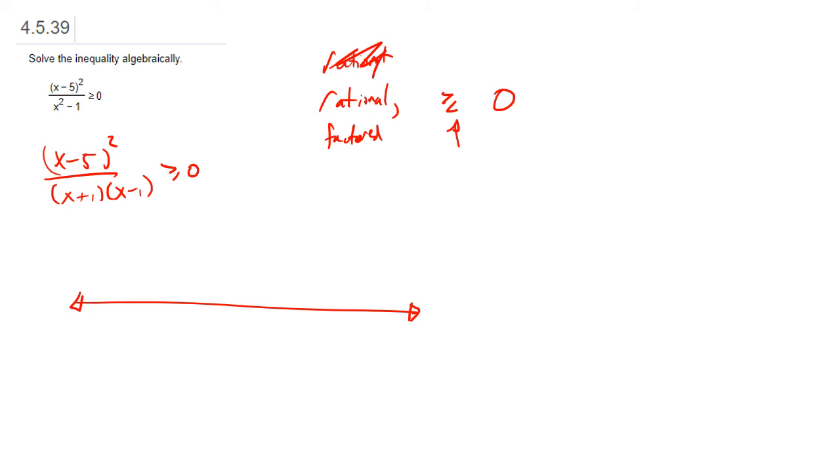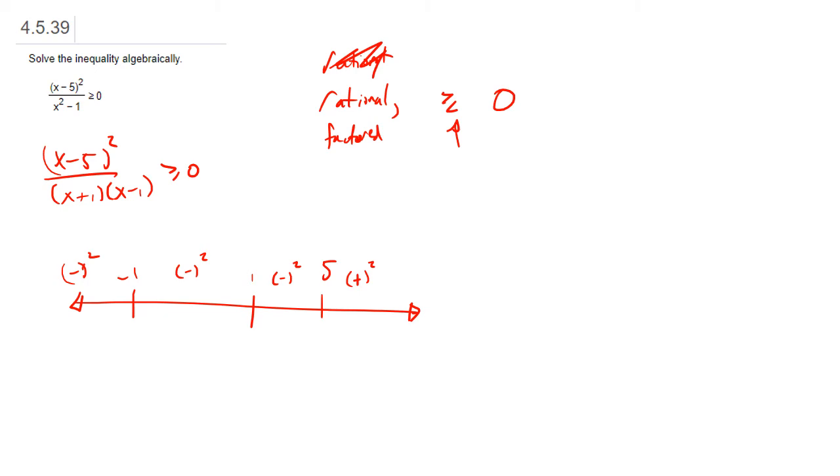We're going to do the same thing. Mark down all the zeros of all the factors. Well, I've got a 0 at -1, I've got a 0 at 1, and I've got a 0 at 5. So we're going to play the same game. The numerator, that x minus 5, is negative until I hit the value of 5, and then it changes to be positive.